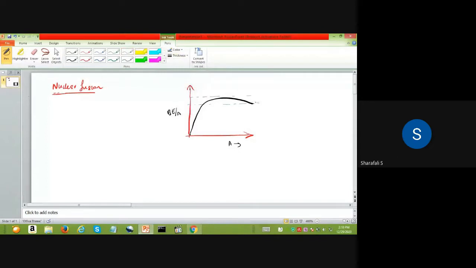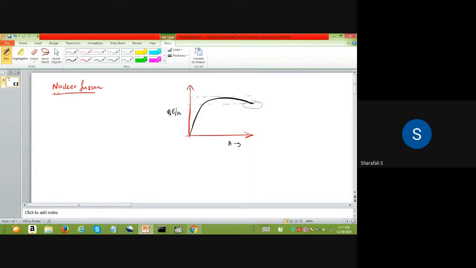The nuclei which are coming at the end of this binding energy per nucleon curve, which have lower binding energy per nucleon and very large mass number, heavy nuclear size, such nuclei will split into two, and that forms the nuclear fission process.